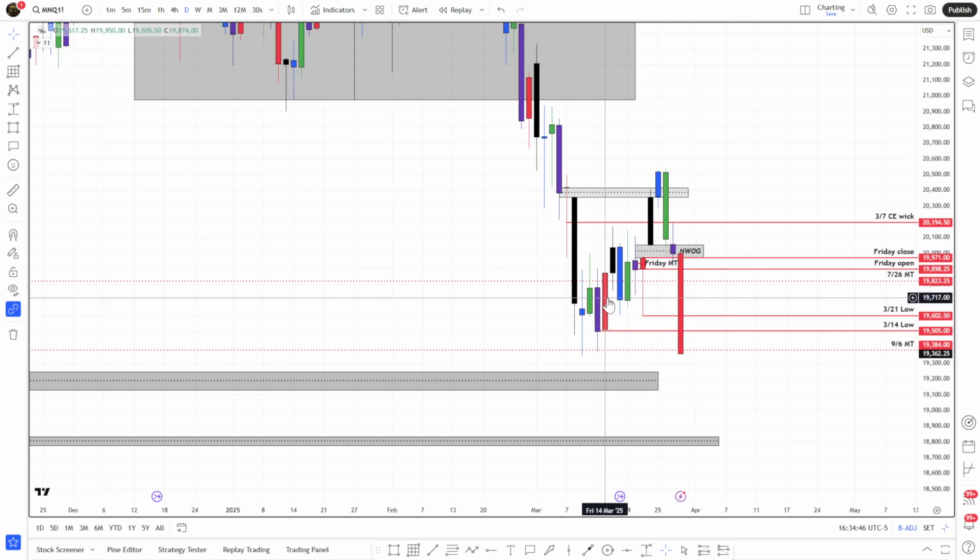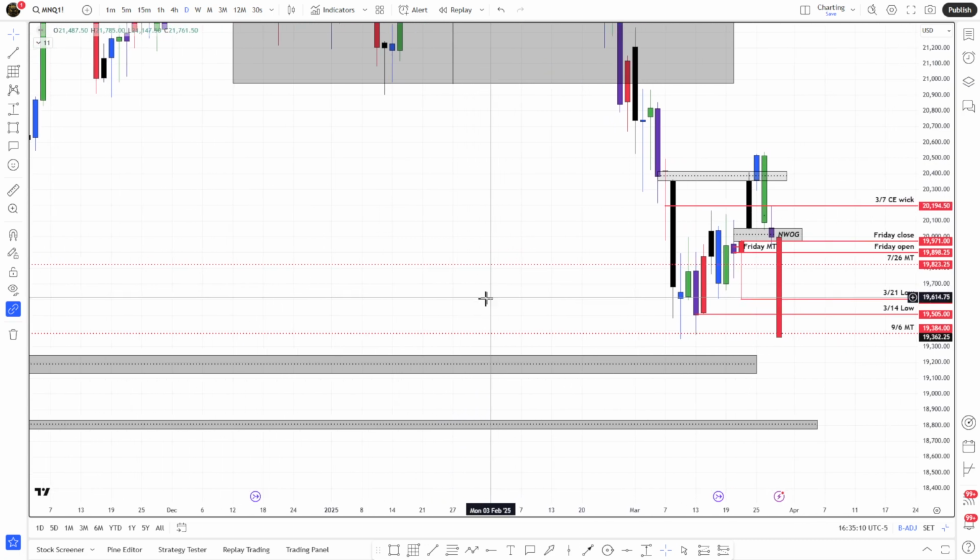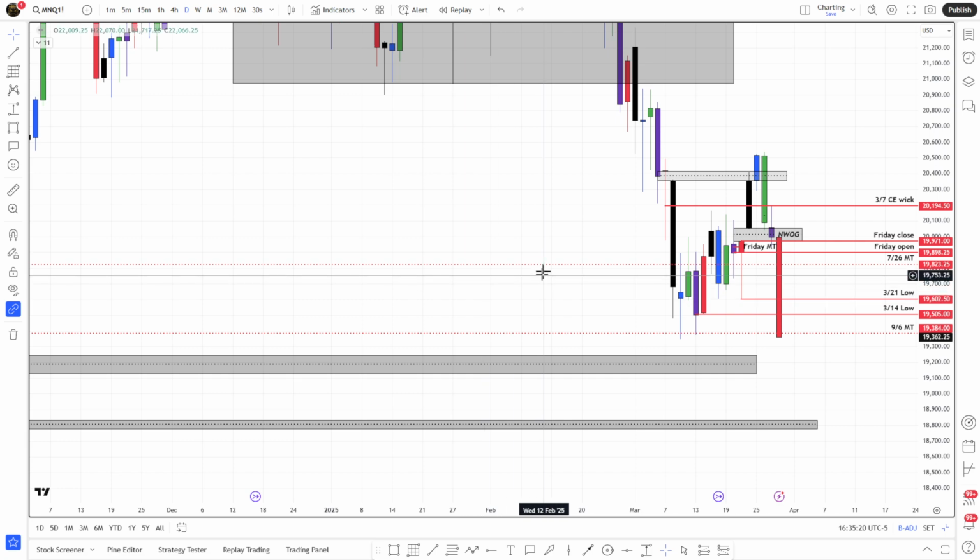Does that, LB, did I answer your question with looking at price structure and how you'll see an opposite one form kind of in the same place when it lines up with the higher time frame? Cool. Anybody else? Any questions?